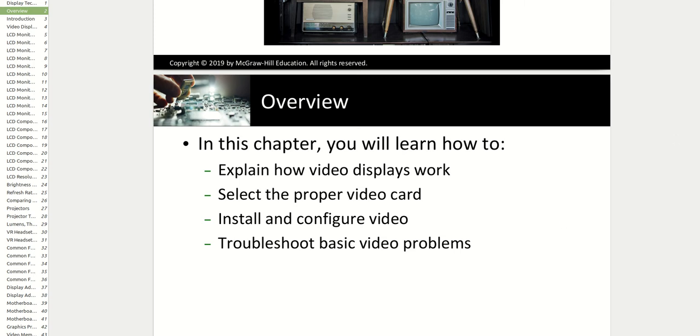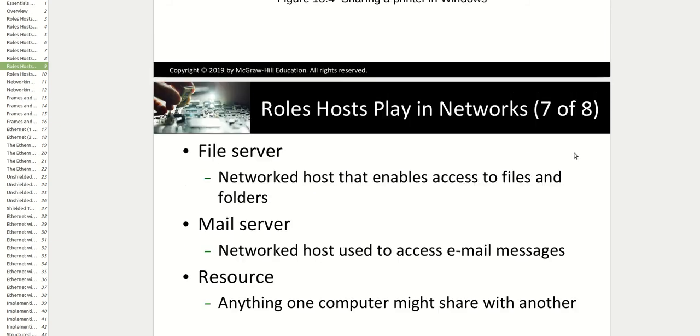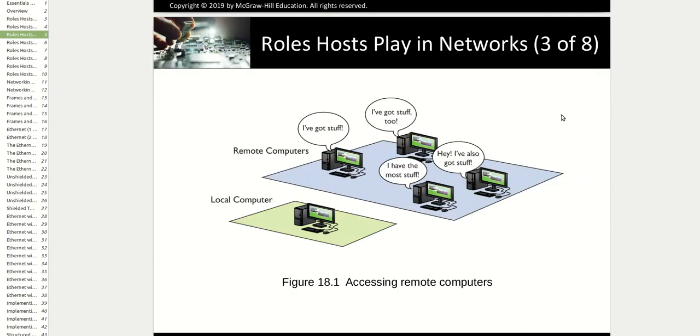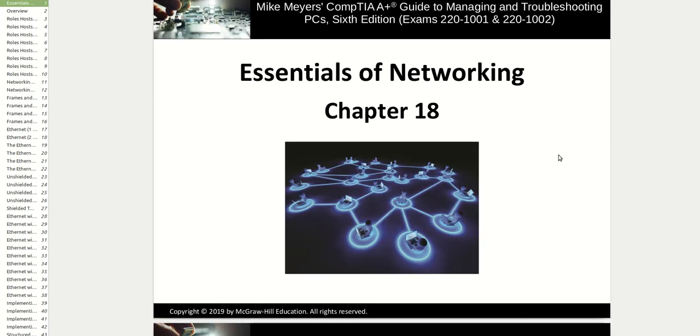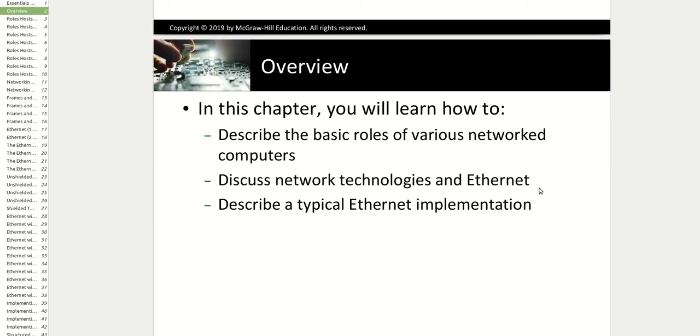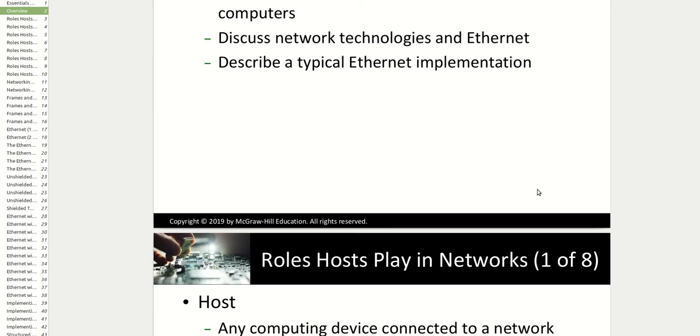In Chapter 18, we're going to talk about networking essentials, in three areas: describing some of the basic roles of various network computers, network technologies in Ethernet, and describing a typical Ethernet implementation.